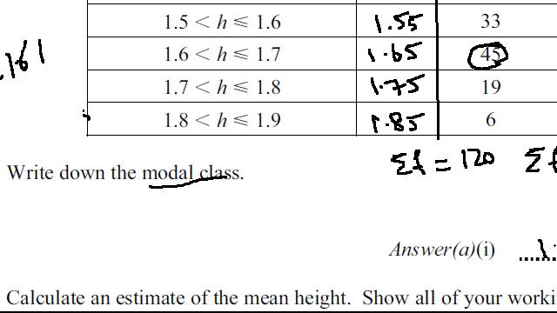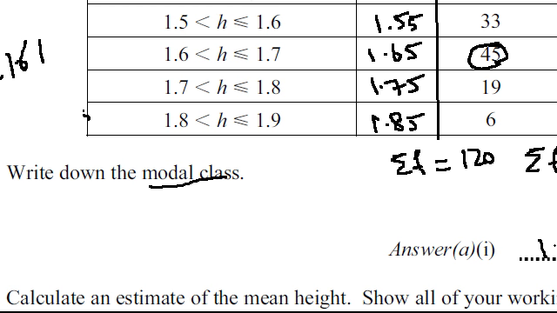What we need is to find x, which is the midpoint. So the only thing required is to find x, then f x. We need to construct these two columns ourselves. One is x, the second one is f x. To find x, add the lower class limit with the upper class limit and divide by 2, like 1.3 plus 1.4 divided by 2, we get 1.35. 1.4 plus 1.5 divided by 2, we get 1.45.